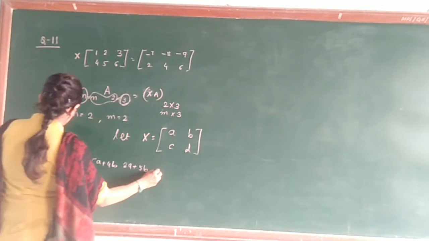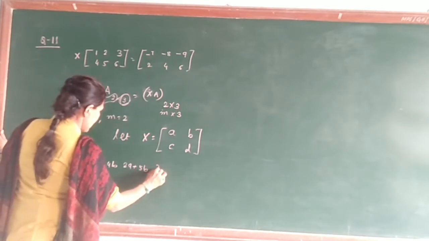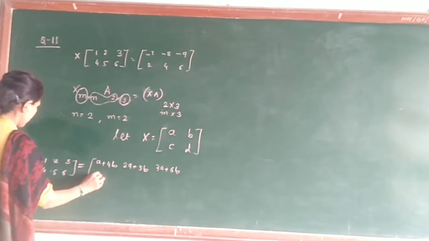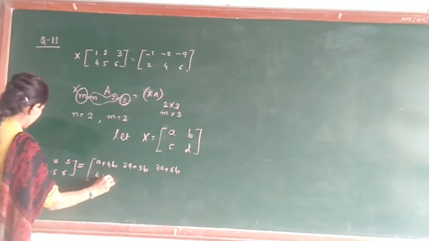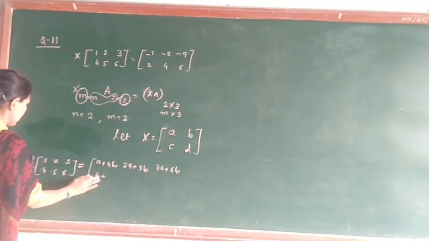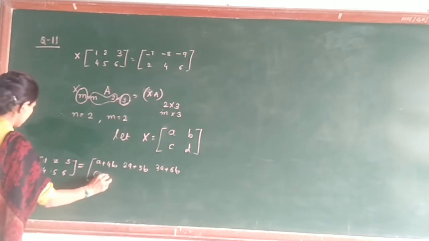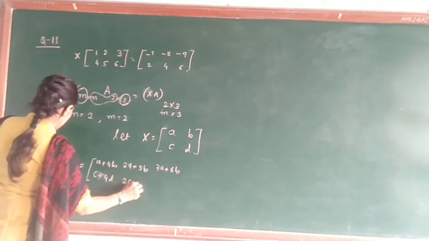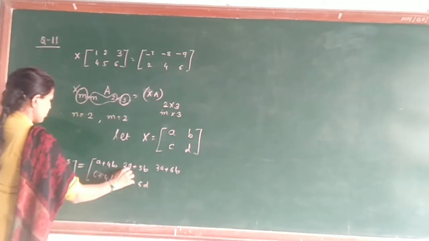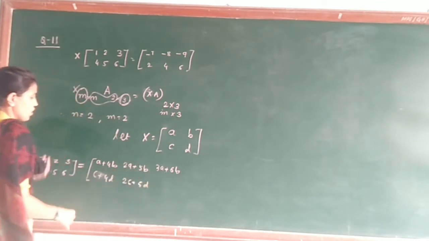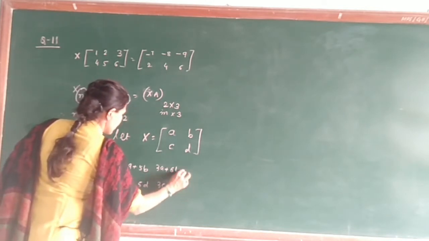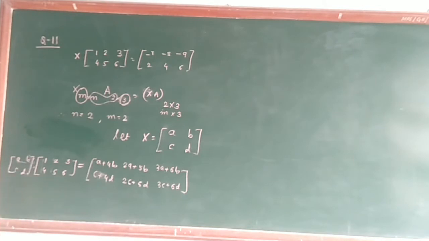First row, third column: 3a plus 6b. Then the second row: c plus 4d, then 2c plus 5d, and 3c plus 6d. Okay, so this is your multiplication.